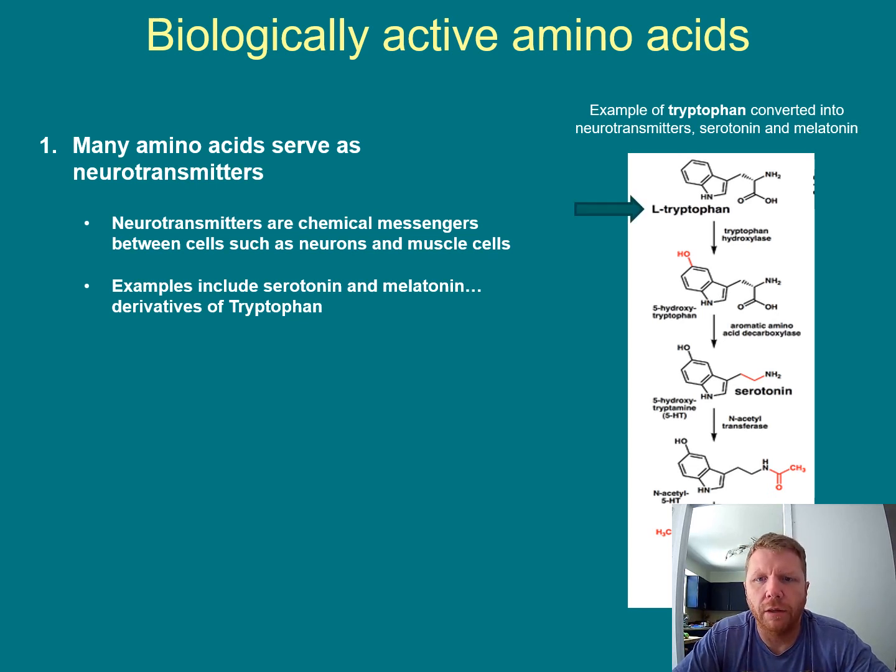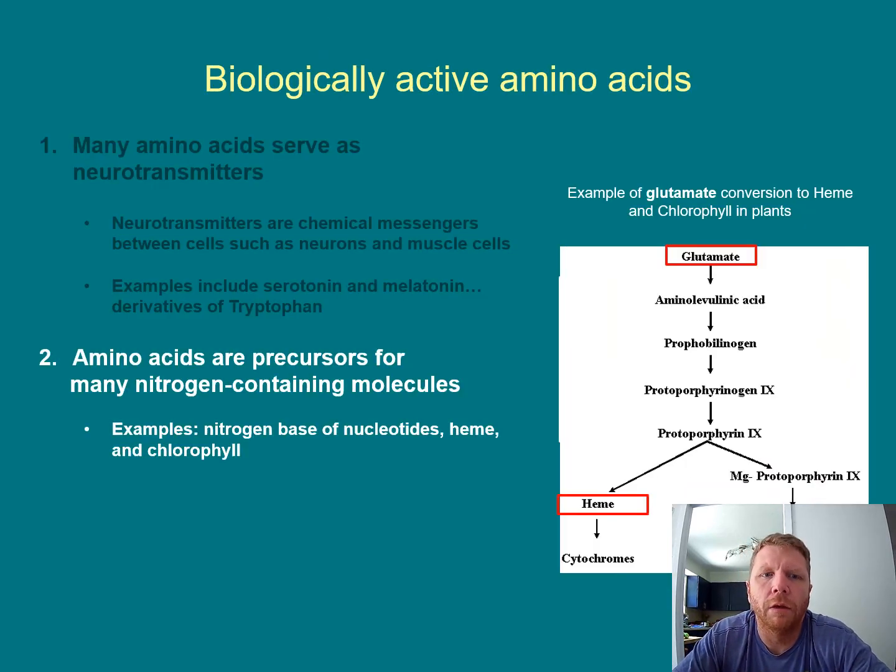So there you've got our tryptophan residue. Serotonin is in the middle of that. And then in the final step, you're going to produce melatonin, which my children do not believe can slow them down because they do not sleep.